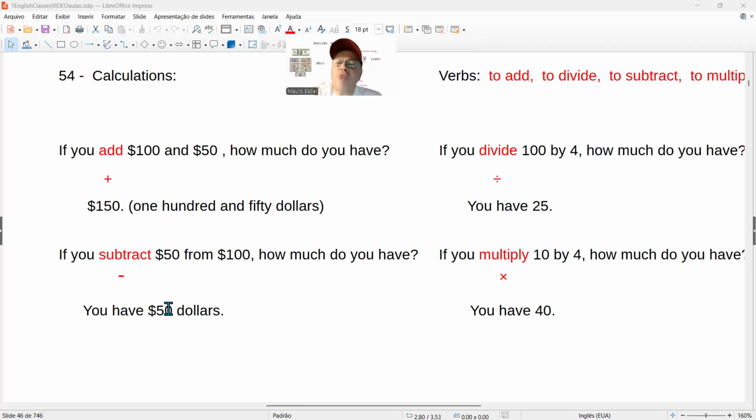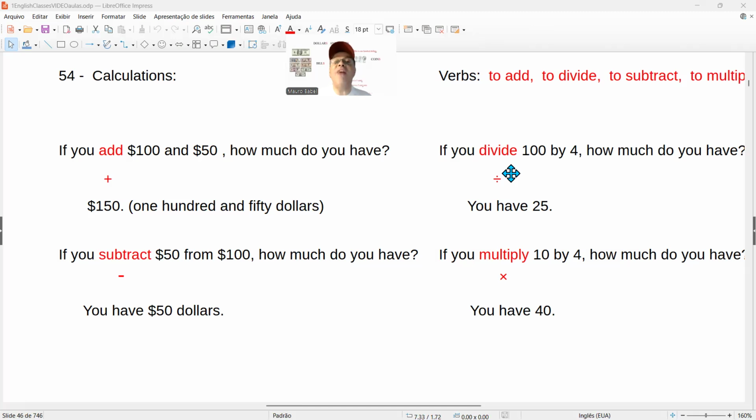If you subtract $2 from $6, how much do you have? Perfect. If you subtract $2 from $6, you have $4. Excellent. Perfect. Agora, ao invés de add, instead of add and subtract, we divide.